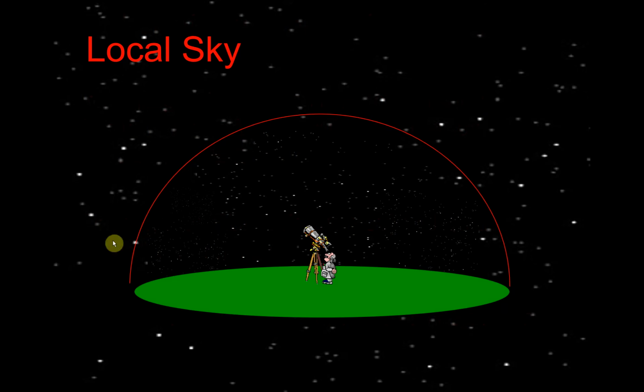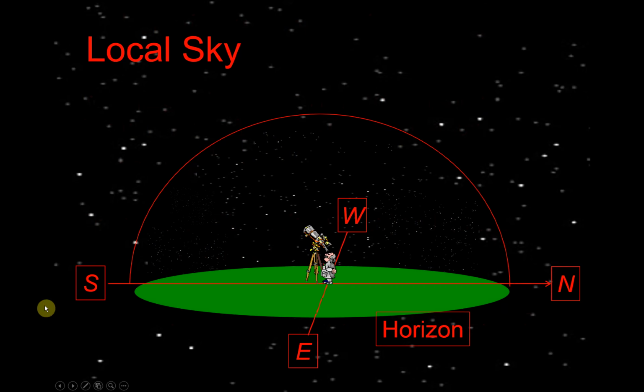So, here we are standing here as astronomers with this cartoonish telescope. And our local sky will look something like this. It'll be a hemisphere projected above us like this. And we'll be able to see north, south, east and west to each horizon. Now there's two important points that we want to define other than these cardinal points, these compass points.